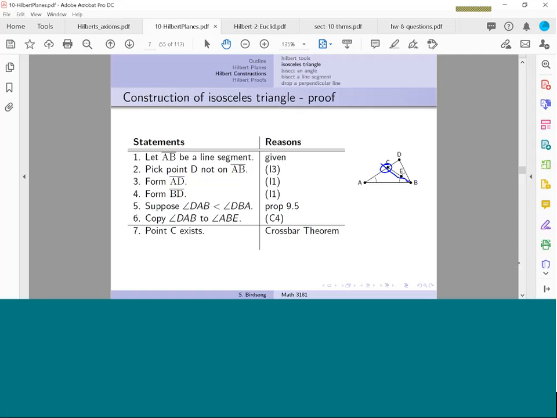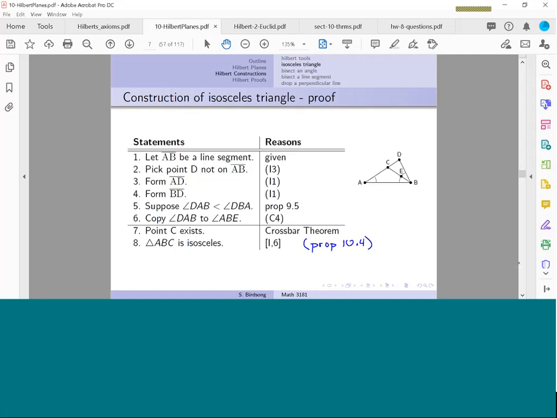Now, the second thing I'm going to claim is that at this point we could just say that triangle ABC is isosceles. And we actually already talked about this. That is your Proposition 6 from Book 1 of Euclid. Some people like to include a step that says we can use Proposition 6 from Euclid's Book 1 because of Proposition 10.4.